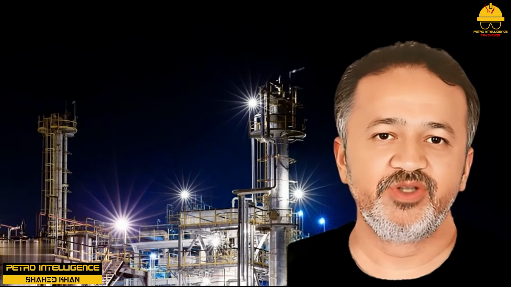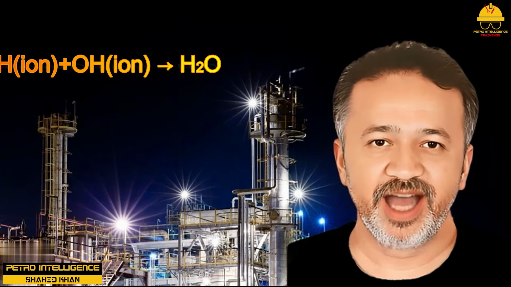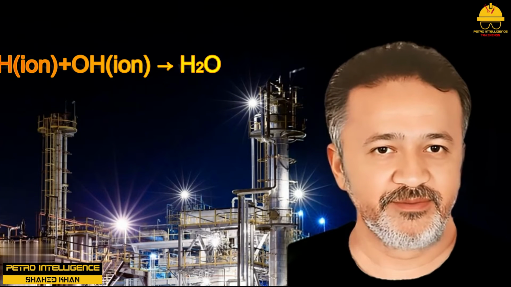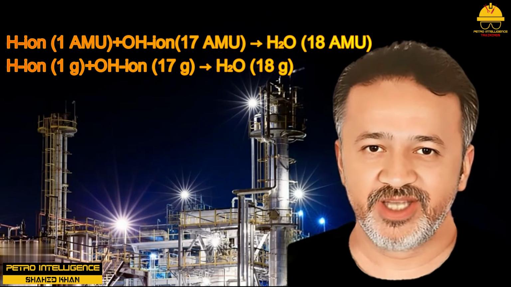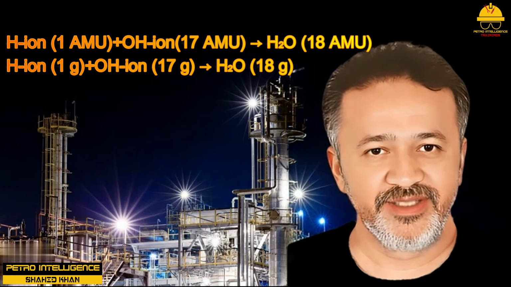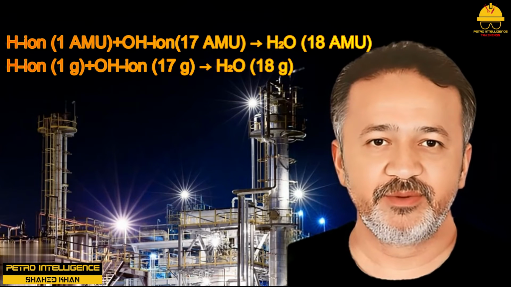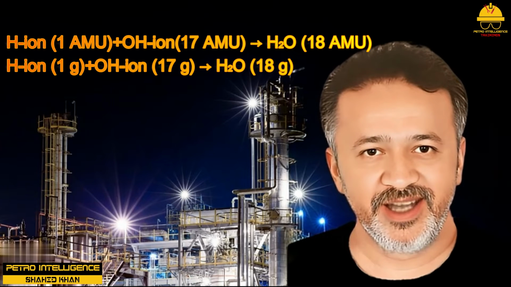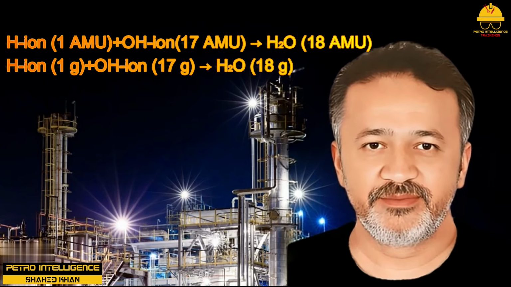For example, check the material balance of this chemical equation. Hydrogen ion plus hydroxyl ion reacts to give H2O. Step 1. Determine the weight of each molecule. Hydrogen ion, 1 AMU, plus hydroxyl ion, 17 AMU, reacts to give H2O, 18 AMU. Hydrogen ion, 1 gram, plus hydroxyl ion, 17 grams, reacts to give H2O, 18 grams.